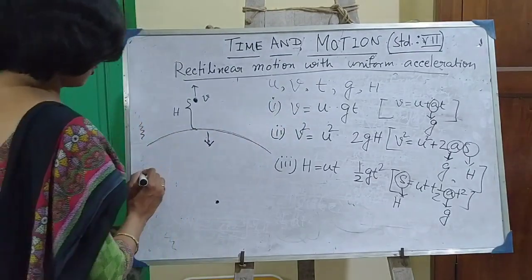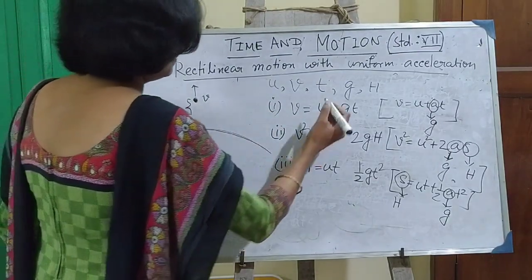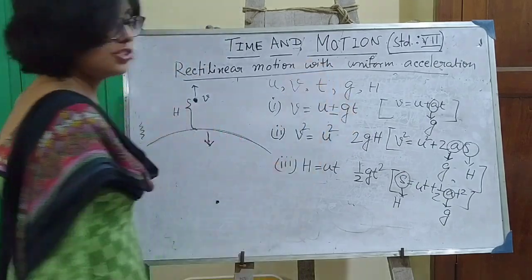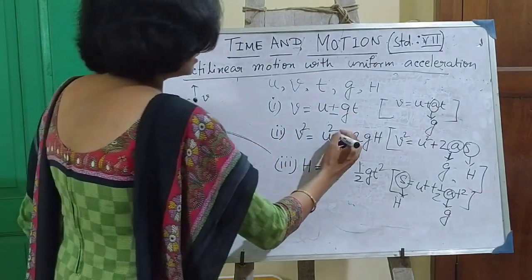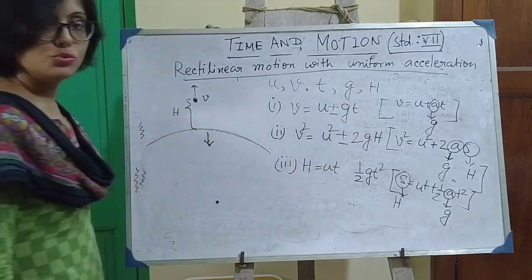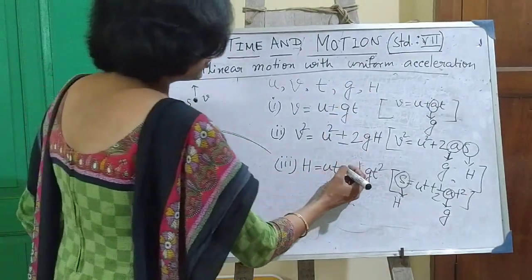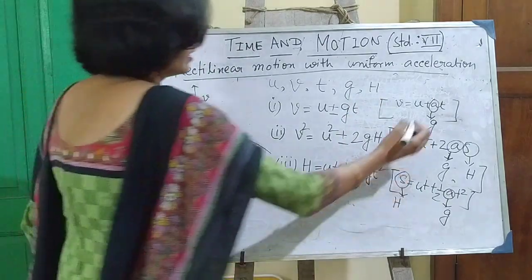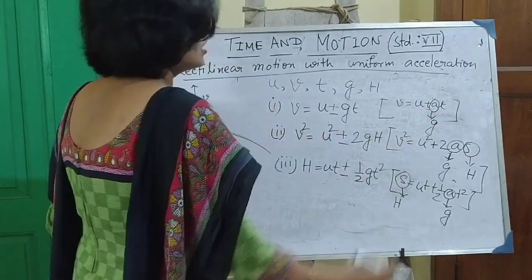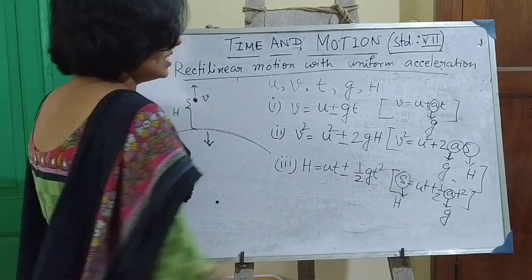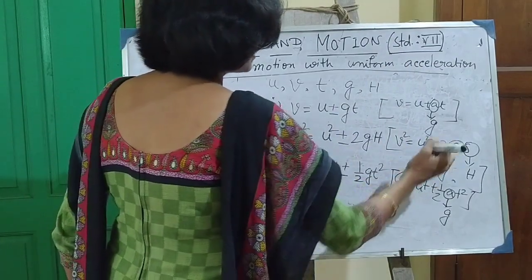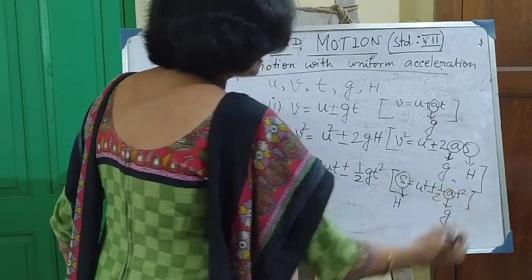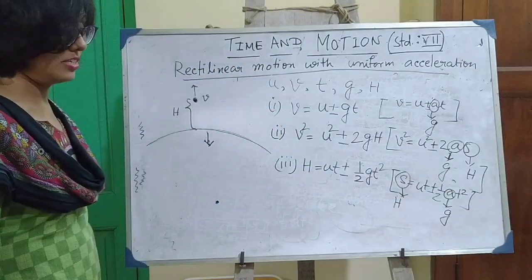The equations of motion for the body are v is equal to u plus minus gt, v square is equal to u square plus minus 2gh, and h equals to ut plus minus half gt square. That means in general we had used v is equal to u plus minus at, v square is equal to u square plus minus 2as, and s equals to ut plus minus half at square.